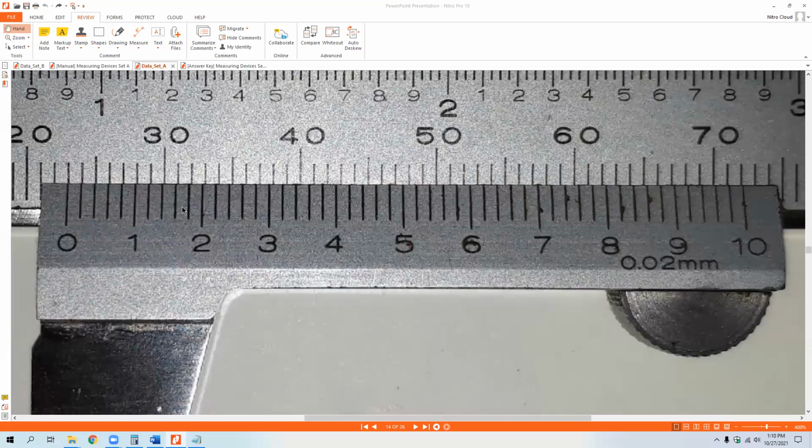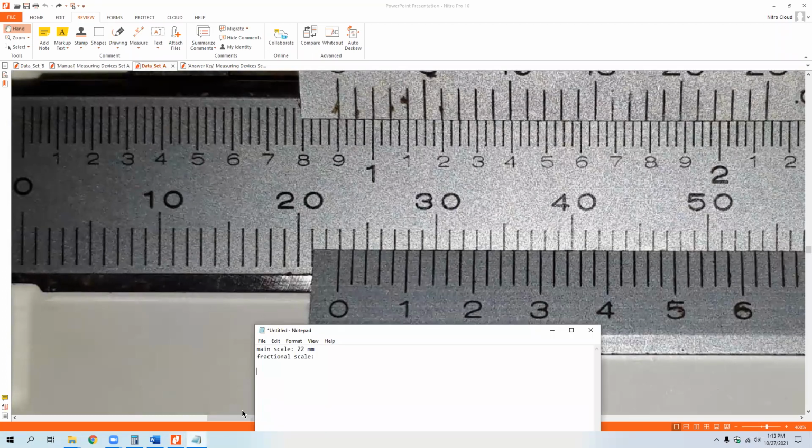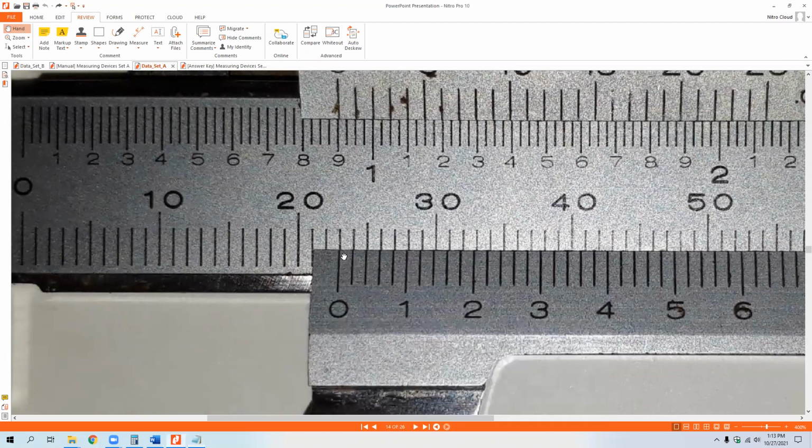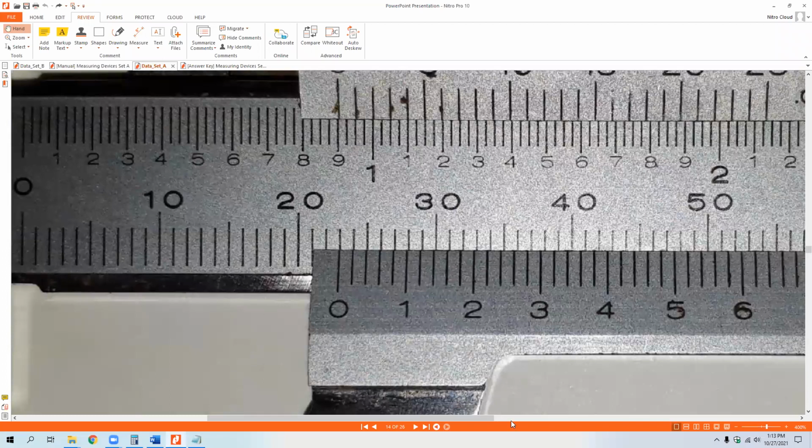Okay, so in this particular case, walang particular lines na nagtatapat between the fractional and the main scales. So, kita niyo dito, it's at 0. Okay, so since it looks like walang nagtatapat, this is a bad example. So the measurement is just basically 23 after all. So, barely dumikit siya dun sa line, pero ito yung 0 line, yung pinakamukhang nakatapat. So we can write this as 23 millimeters.